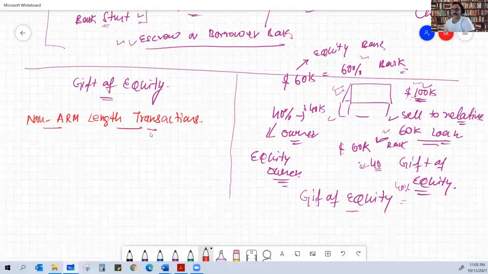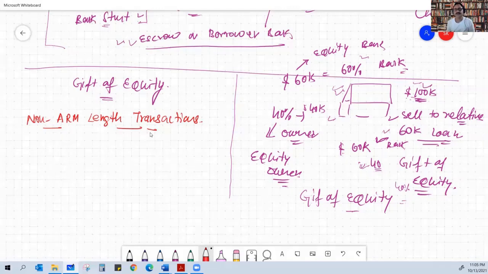The best way to remember it: whenever a sale or purchase is happening between relatives, they are not going to shake hands. But whenever two unknown persons do a transaction like a sale and purchase, they always shake hands when the deal gets finalized.